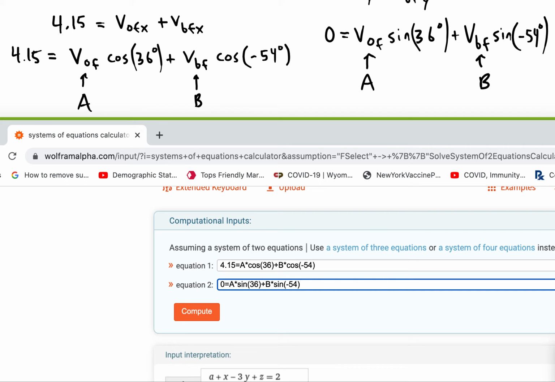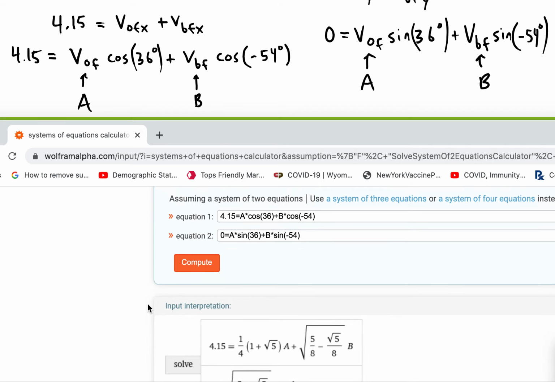Now I'm not sure that it's going to understand these as degrees, or it may think they're radians. I'll just type them in the decimal equivalent. So cosine 36 is 0.8090, so I'm just going to type that in. And then cosine negative 54 is 0.5878.